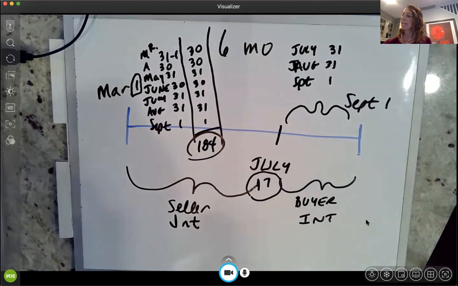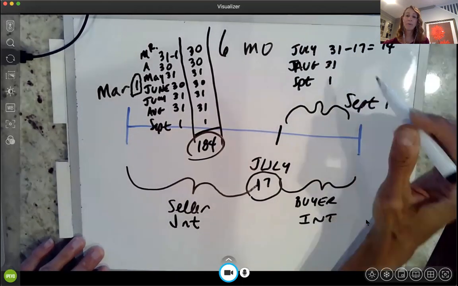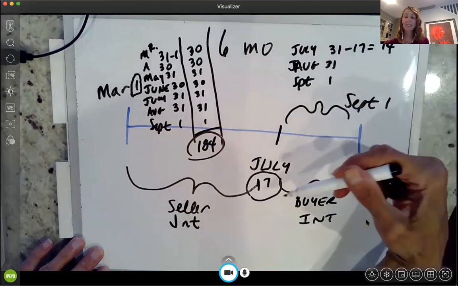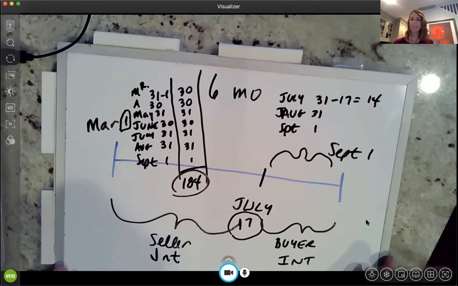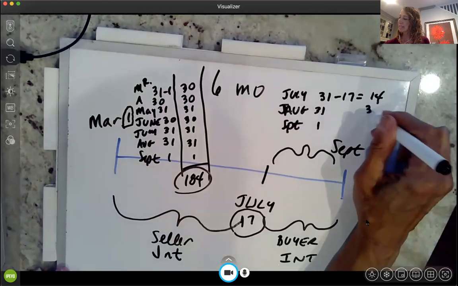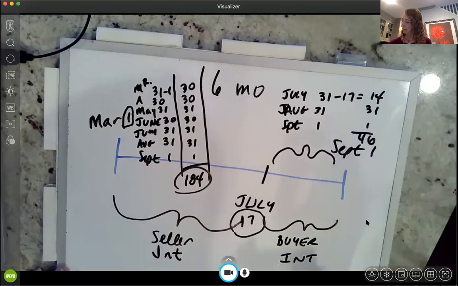Assume I buy it at the end of the day. So to count the number of days in July, I'm going to take 31 days in total minus the 17th, the purchase date. So I'm not counting that. And that gives me 14. August gets 31 and September gets 1, and this adds up to 46 days. So there are 46 days between the 17th and the 1st.